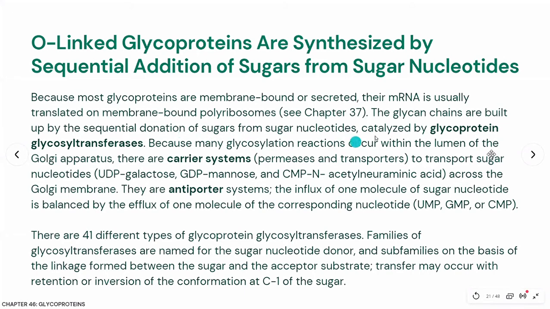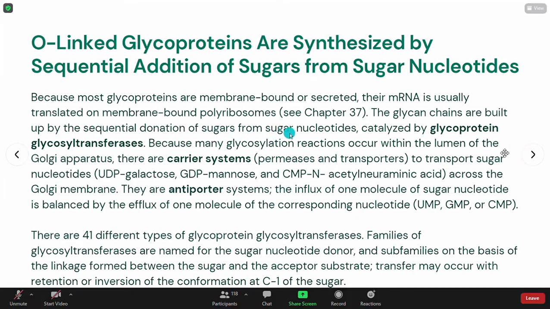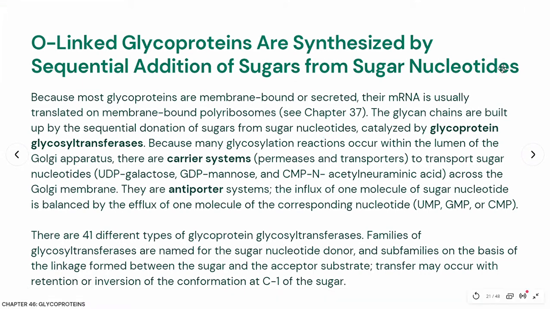So the glycan chain or whatever sugar chain is built up by sequential donation of sugars from sugar nucleotides. Remember UDP glucose, UDP galactose, no? Catalyzed by glycosyltransferases.